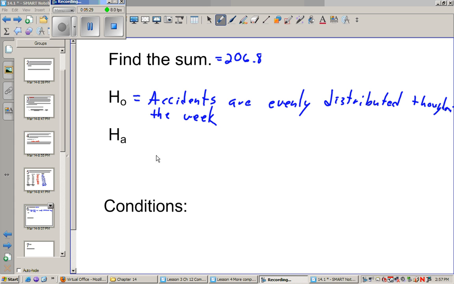Our alternative hypothesis is that accidents are not evenly distributed throughout the week.